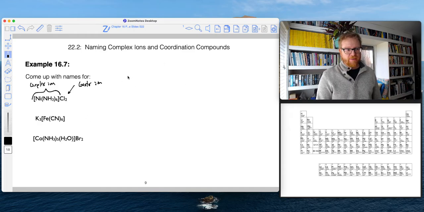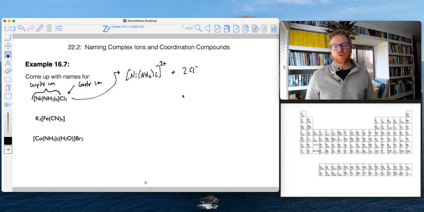So if I were breaking this apart now, then I know that this is separated as my nickel central metal with my 6 ammonia ligands. And now we can see there's 2 chloride counter ions. So that would be 2 Cl minus. So that means this whole thing has to be 2 plus.